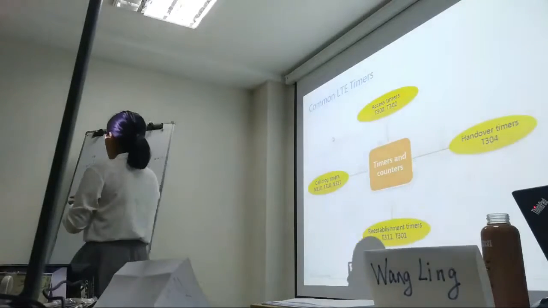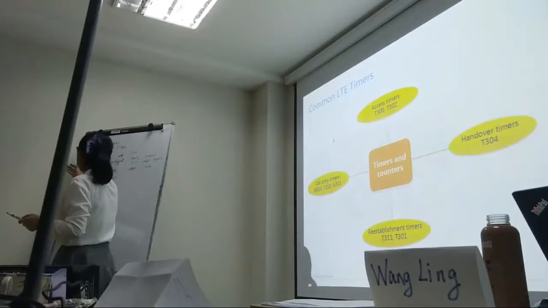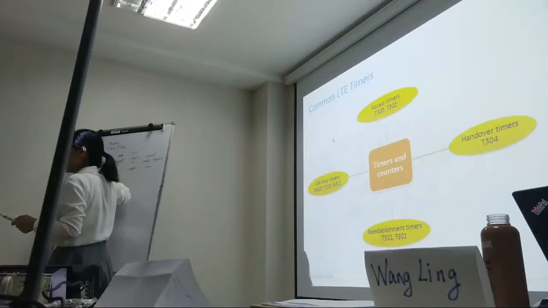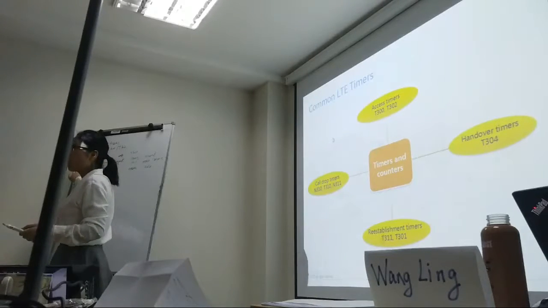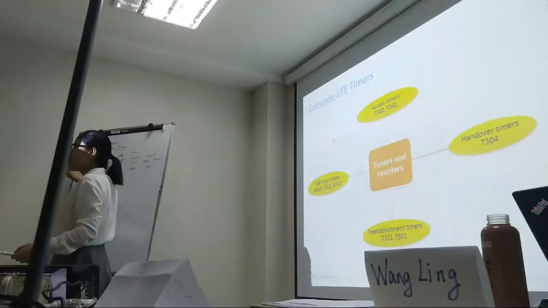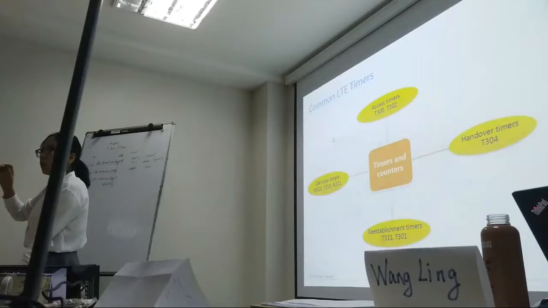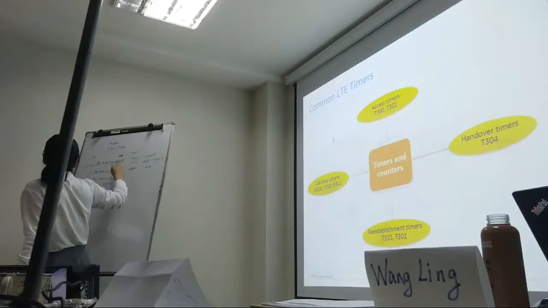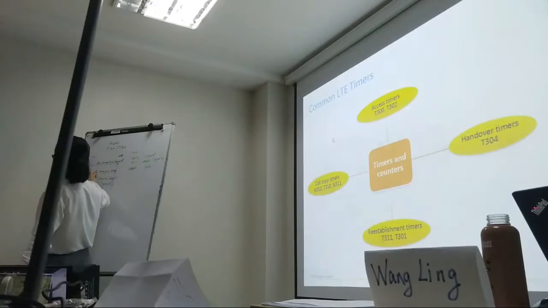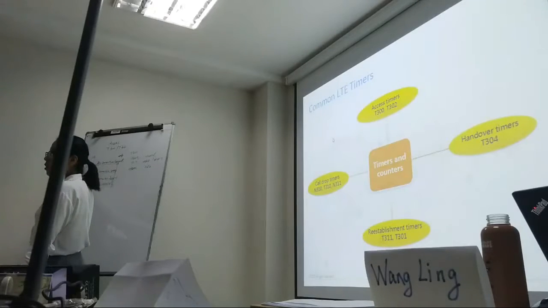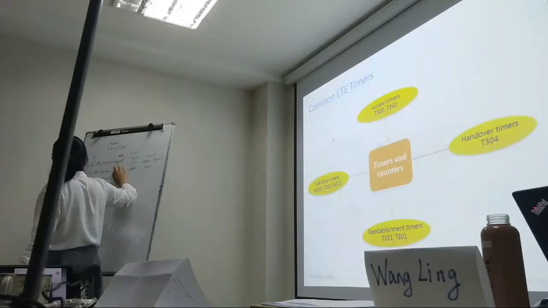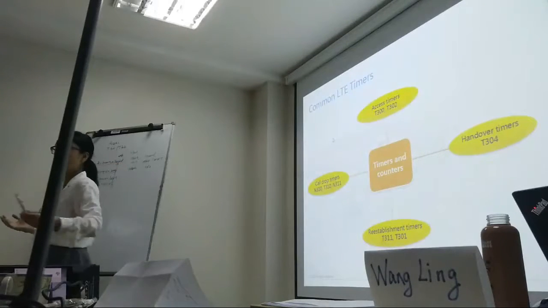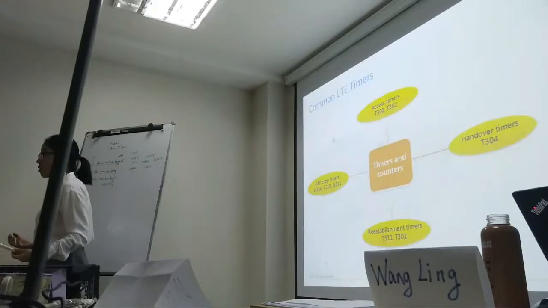If you set it too small, the message may not yet be processed and transmitted, but the timer has already expired. So if we set it a little bigger, we guarantee the timer doesn't expire before the information can be received.